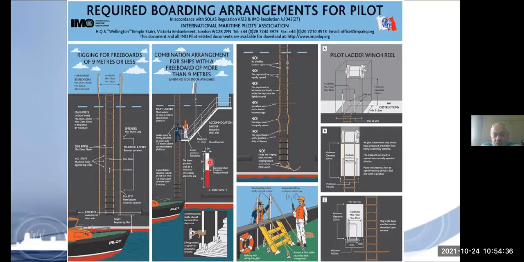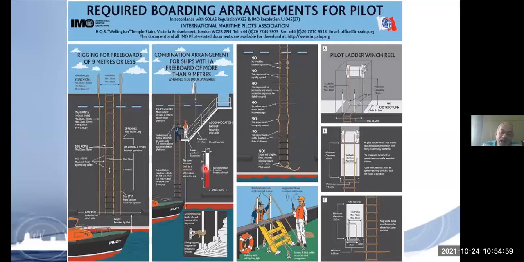The top 2 meters is painted white, the bottom 2 meters is painted red. If you are able to see this red mark, that means the freeboard of the ship is more than 9 meters. But if you are seeing only the white mark here, then the freeboard is less.